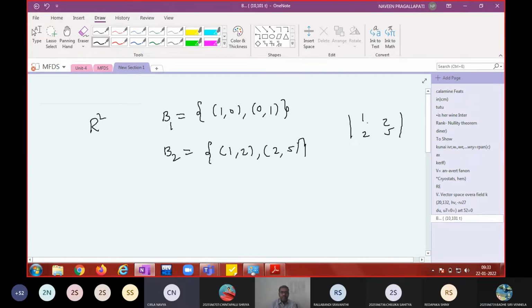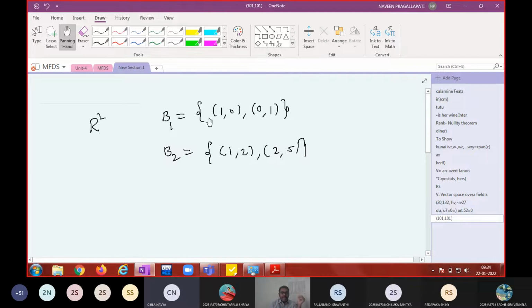You can see 5 minus 4 is 1, non-zero. So this is a basis of R square, and this is also a basis of R square, because each contains two elements which are linearly independent. The dimension of R square is 2, and any set containing two independent elements is said to be a basis. So these two are bases.